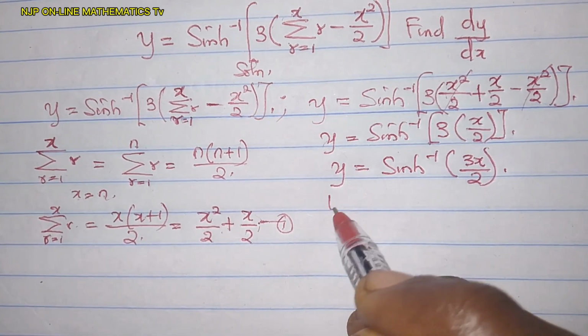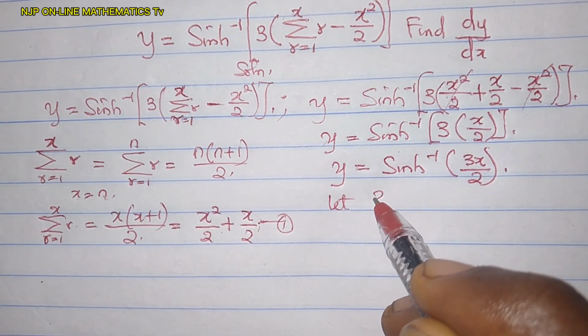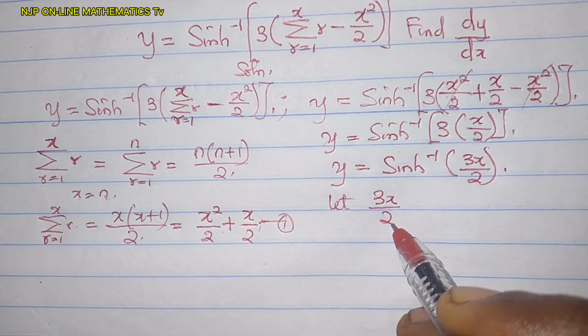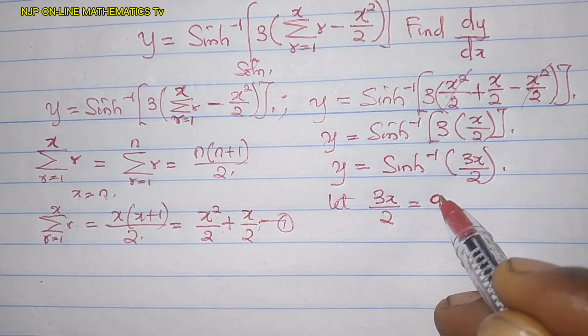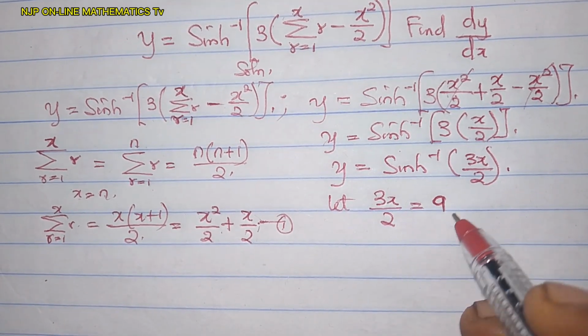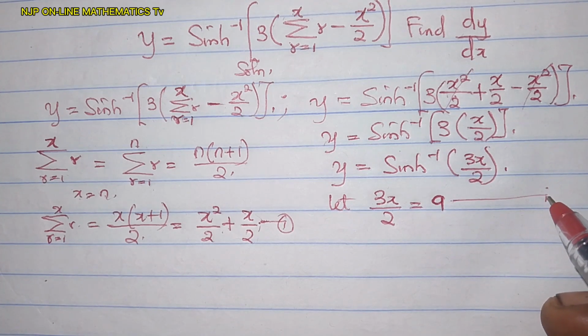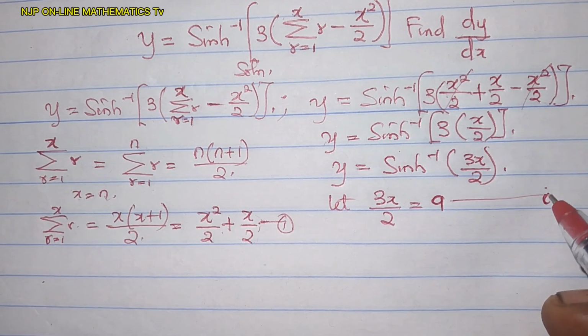Therefore, we can let the angle 3x divided by 2 be A. So we have this as the first equation.